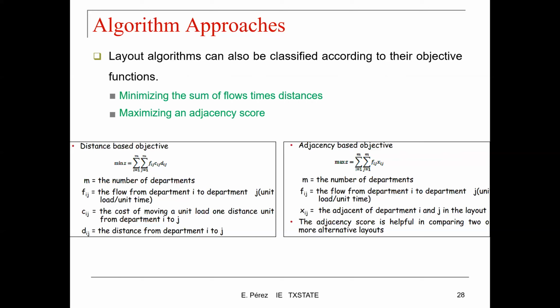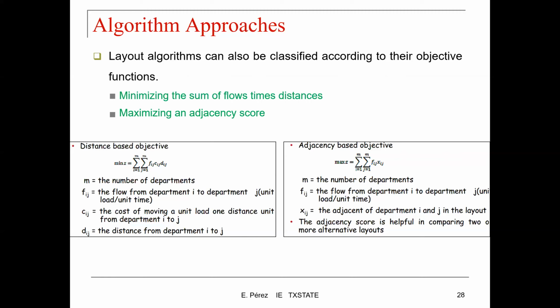And then we have maximizing an adjacency score. In this one, basically you're trying to put together or locate together those departments that have a higher volume of flow.